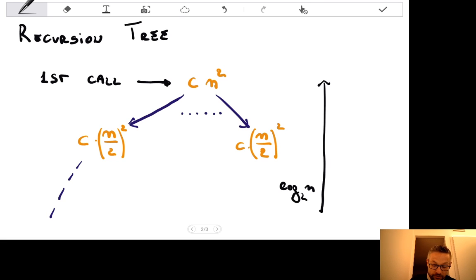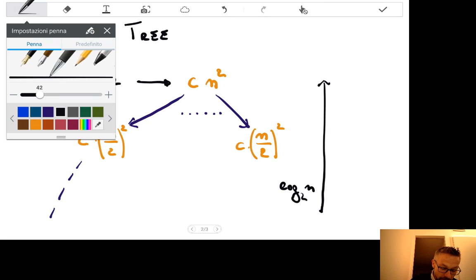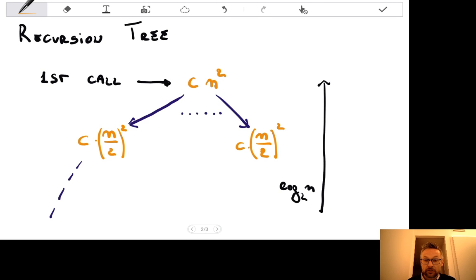So all the nodes, all the values labeling the nodes in the tree. So what's the cost of the first call in terms of sums? The cost of the first call in terms of sums is of course c n squared.